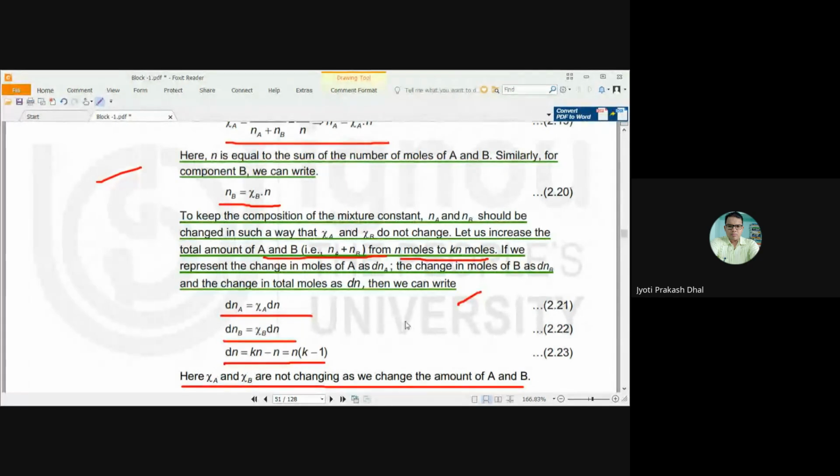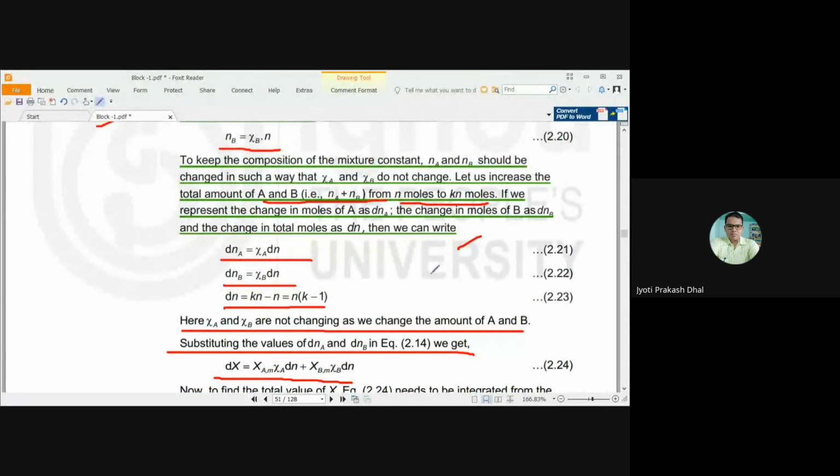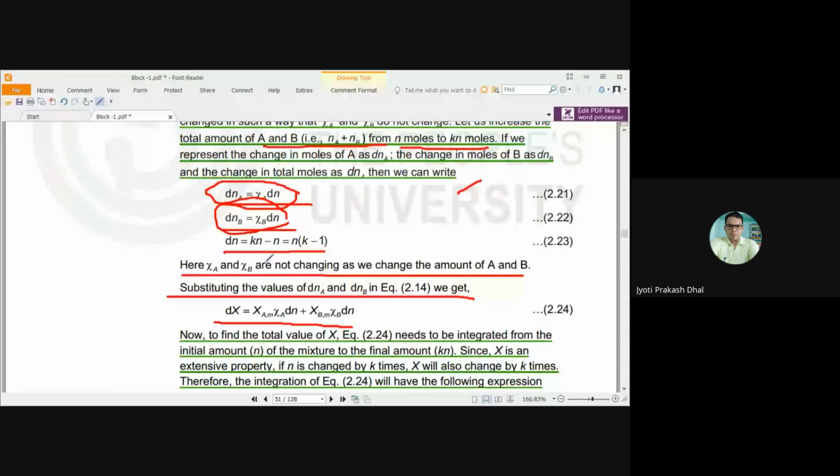If we represent the change in number of moles of A as dNa and the change in number of moles of B as dNb, then dNa equals Chi A dN, and dNb equals Chi B dN. Here dN means change in number of moles.